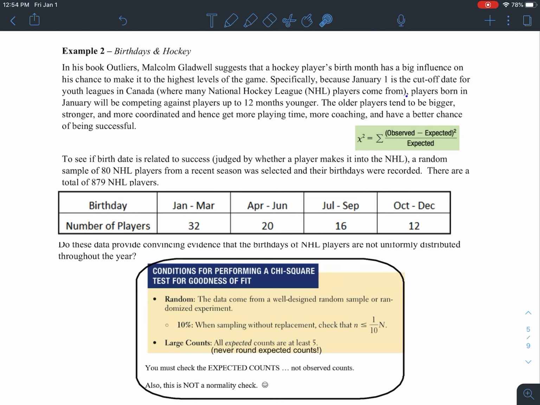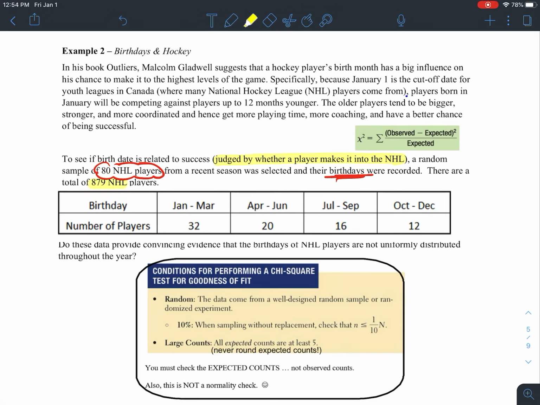Okay, you'll notice I listed here our formula for how to calculate the chi-square test statistic. We want to see if a player's birth date is related to their success, judged by whether they make it into the NHL. Okay, so a random sample of 80 National Hockey League players from a recent season was selected, and they were asked what their birthday was. We want to see if their birthday was close to January or not.